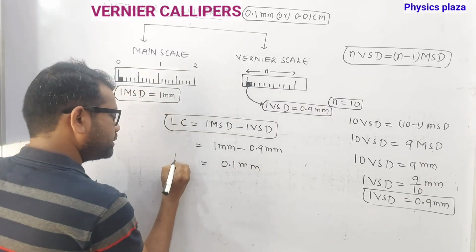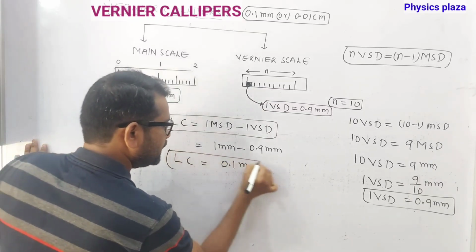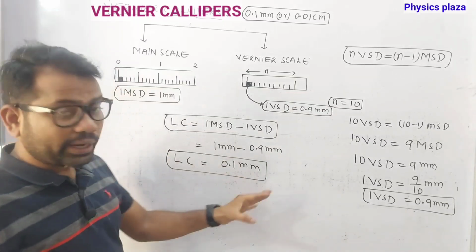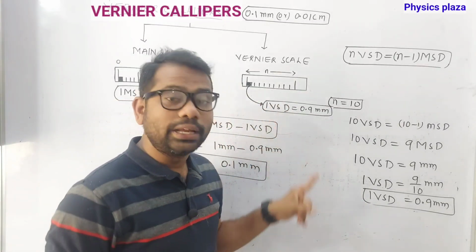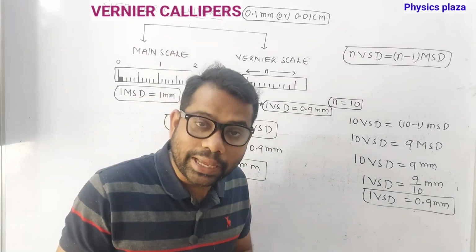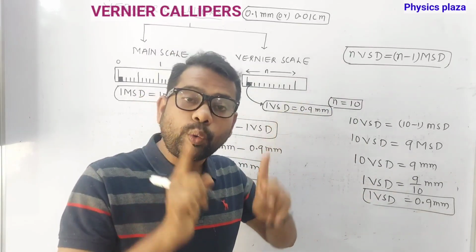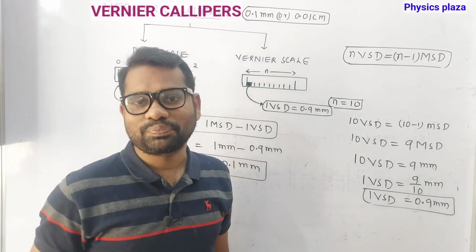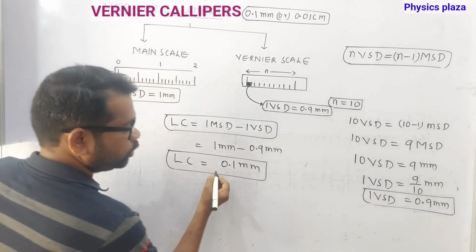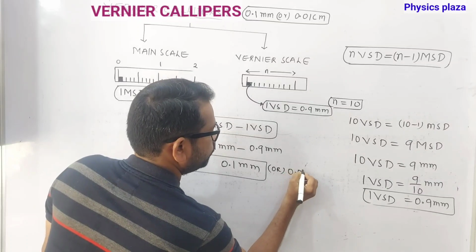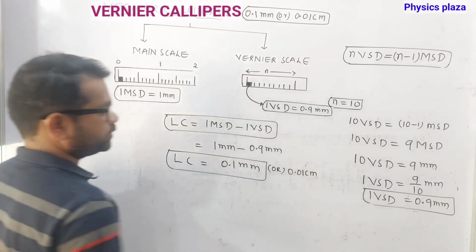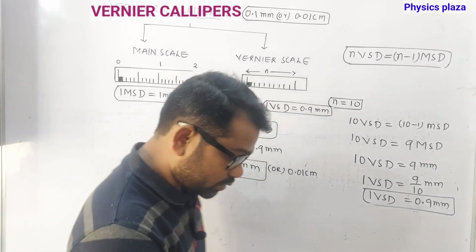This is how we got the least count of a Vernier calipers with 10 divisions in the Vernier scale. Try to understand. So 0.1 millimeter, or 0.01 centimeter. Okay, just copy it.